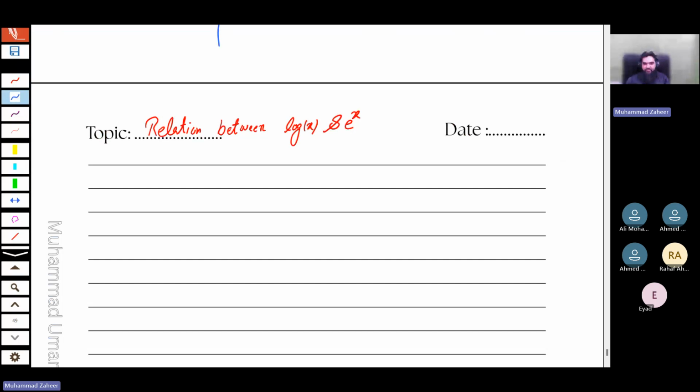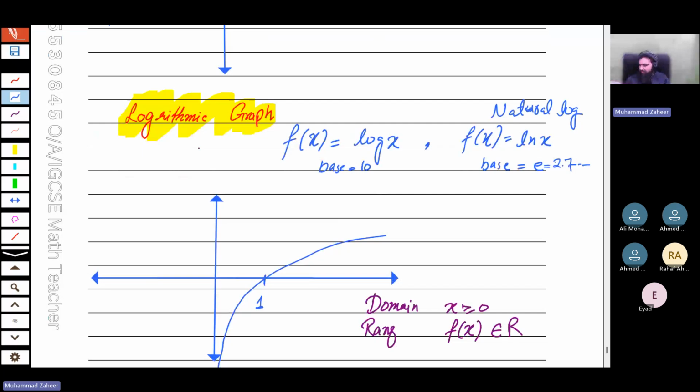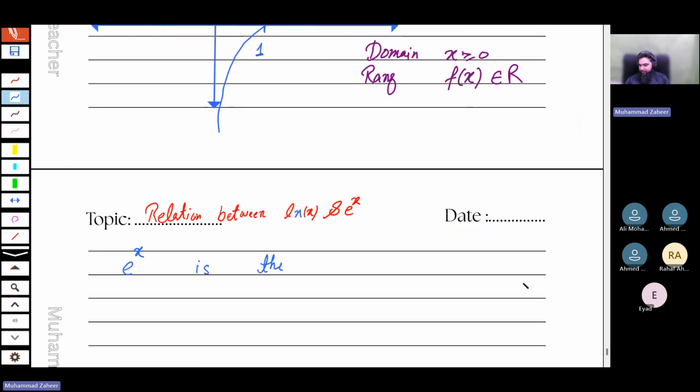Now, for the natural log, the graph is going to have the same shape, because just the base is changed.